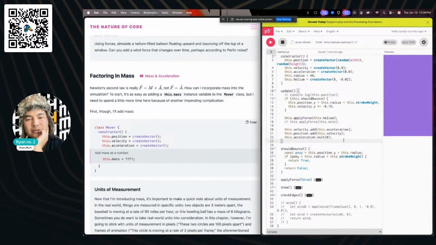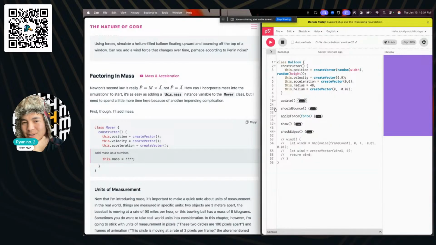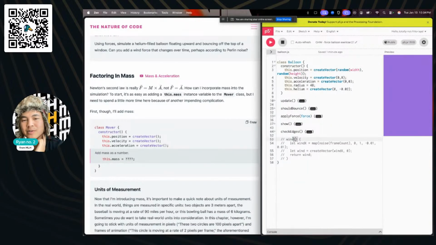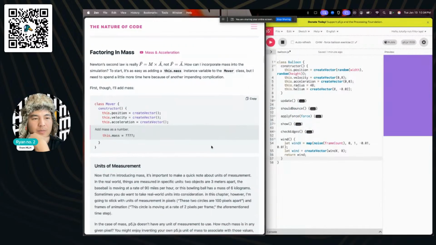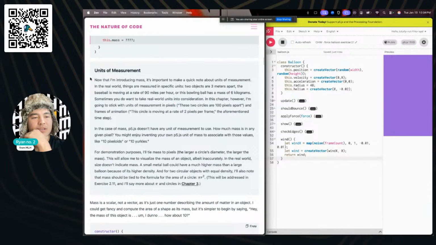I think we were able to eventually figure out what was going on. I think we have an idea of what this should have been doing, at least. We just didn't have a very good implementation of it. Okay. Units of measurement.